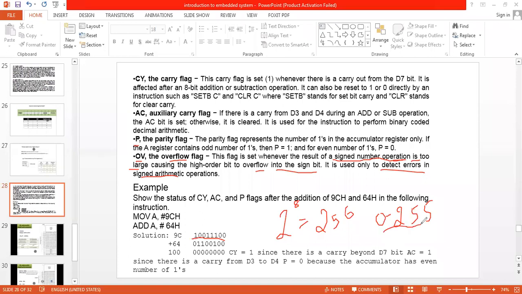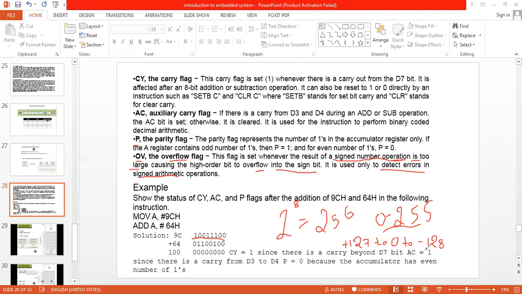Then a signed number ranges from plus 127 to 0, so total 128, and to minus 128.